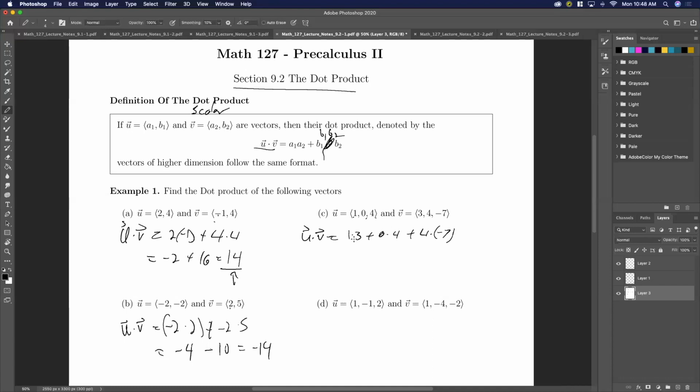So the a's multiplied together, the b's multiplied together, in this case the c's multiplied together, and you just add those all up. And so in this case, I'm going to get 3 plus 0, and then minus 4 times 7, which will give me minus 25.